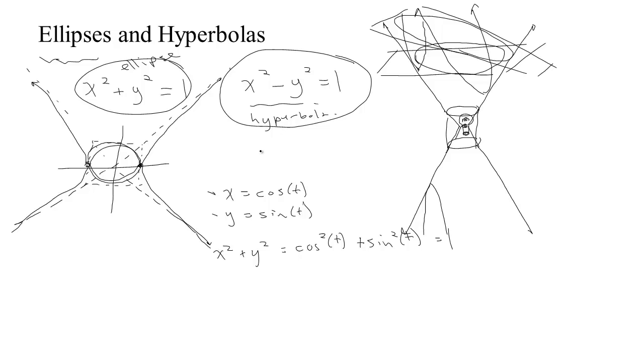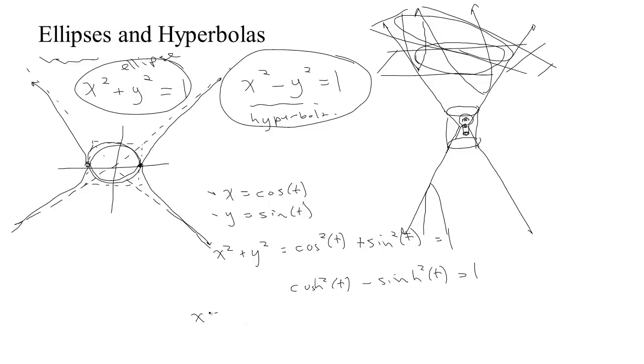There's an identity that's similar for the hyperbolic sine and cosine. It's that the cosine squared minus the sine squared is equal to 1.